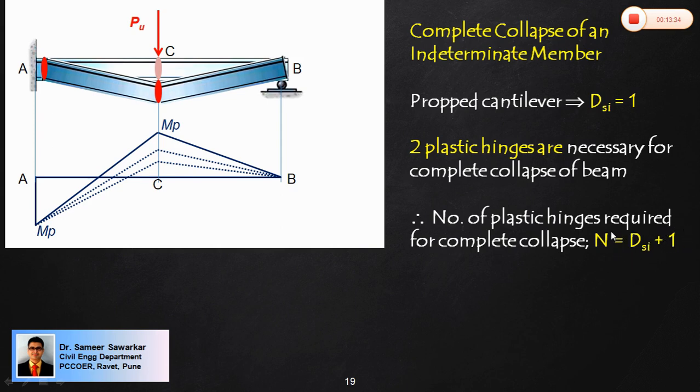So using two examples, one of a determinate structure and one of an indeterminate structure, I have fairly understood the collapse mechanism at ultimate load, and I can definitely say that for complete collapse of a structure, the number of plastic hinges necessary is degree of static indeterminacy plus 1.